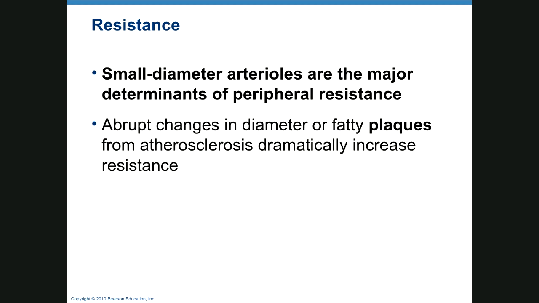Now, resistance: the smaller the diameter of an arteriole, the more it resists, it provides resistance. You get changes in diameter due to sympathetic or parasympathetic stimulation. Fatty plaques, you fill them up with too much good food, barbecue, fried chicken, pork chops, lard biscuits, that kind of thing.